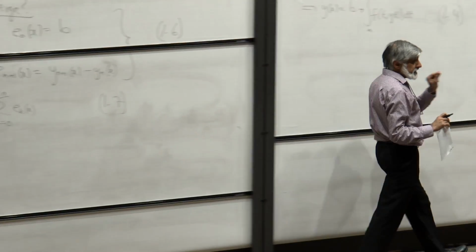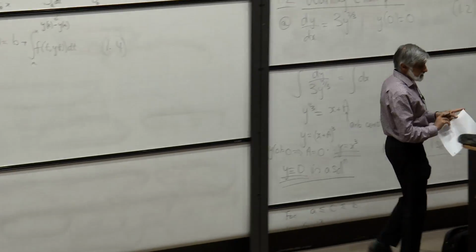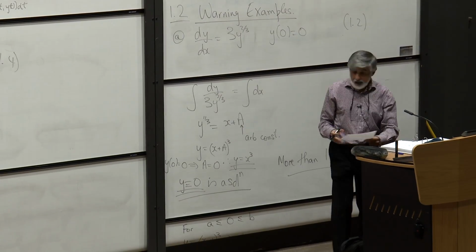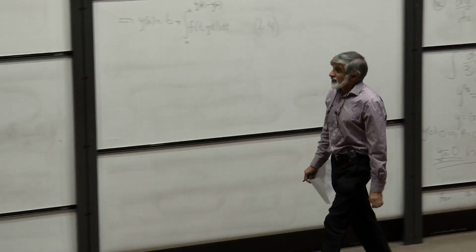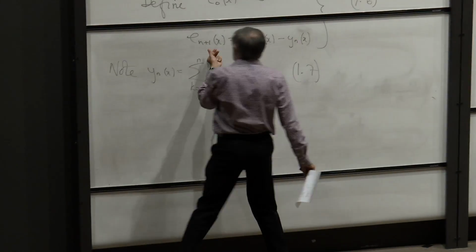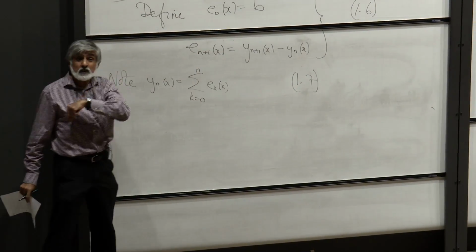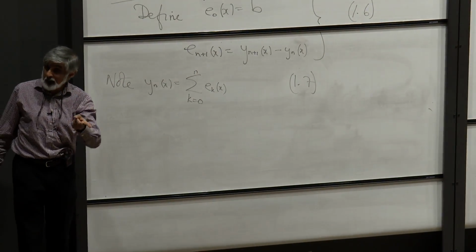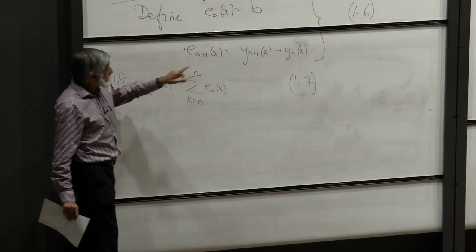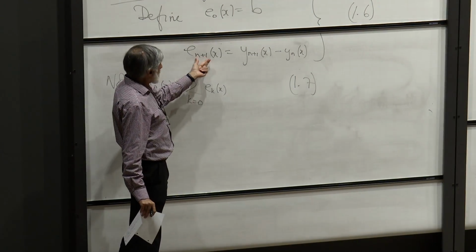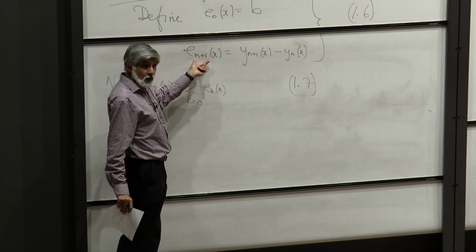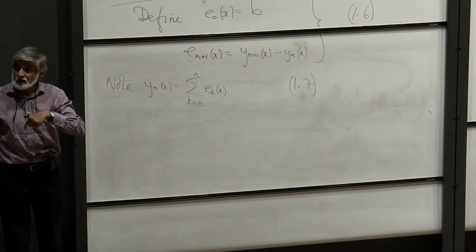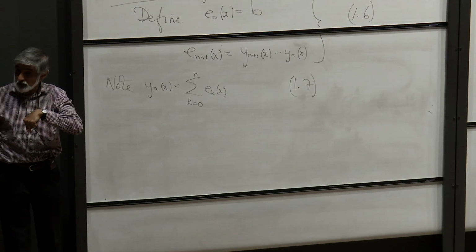And so now we look at these e's, and we ask the question, are these e's getting smaller as n gets larger? And you should know certain theorems from last year, that if we can bound the E_n by something, then using the Weierstrass M test, various things like that, we can say that the series converges.